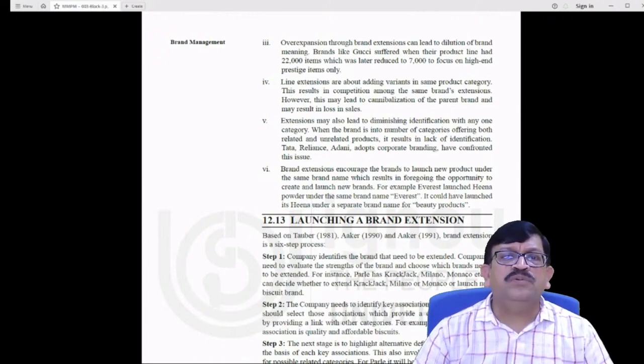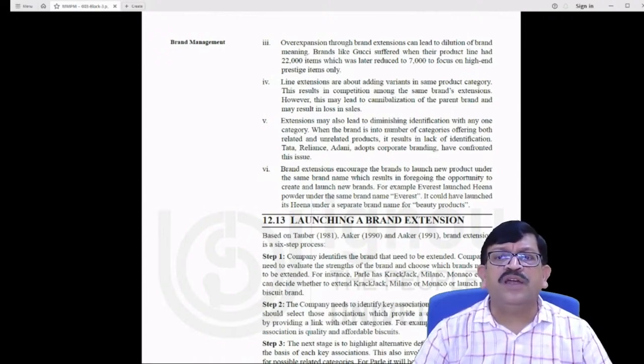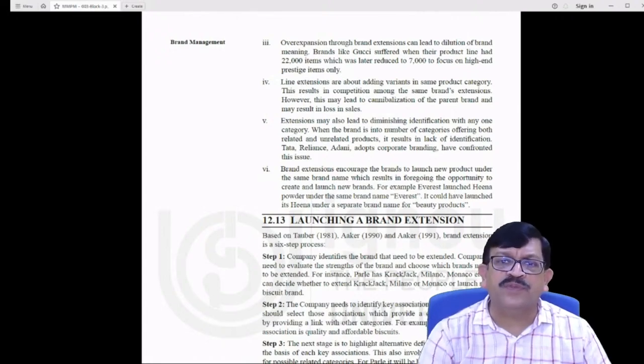It may also lead to diminishing identification with any one category. Obviously, if one is becoming very strong, some of the other categories may lack the identification which they had.